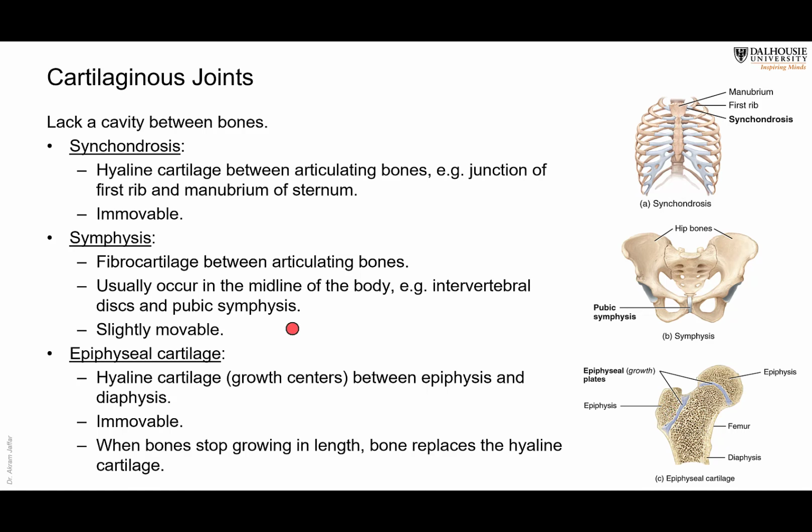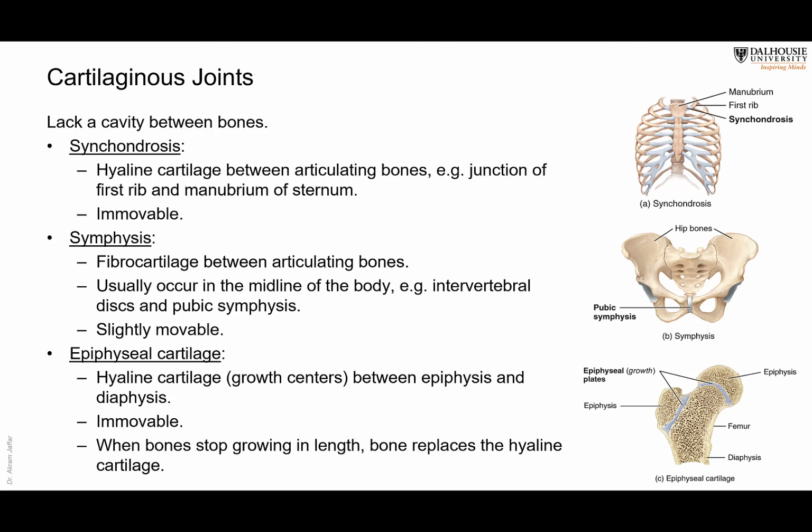And the third type is the symphysis. We have many symphyses. One of them is the symphysis pubis between the two pubic bones. And in the symphysis, there is a fibrocartilage in between the two bones. This is the strongest type of cartilage. Remember, we said that there is a hyaline cartilage, a fibrocartilage, and an elastic cartilage. The fibrocartilage is the strongest type.